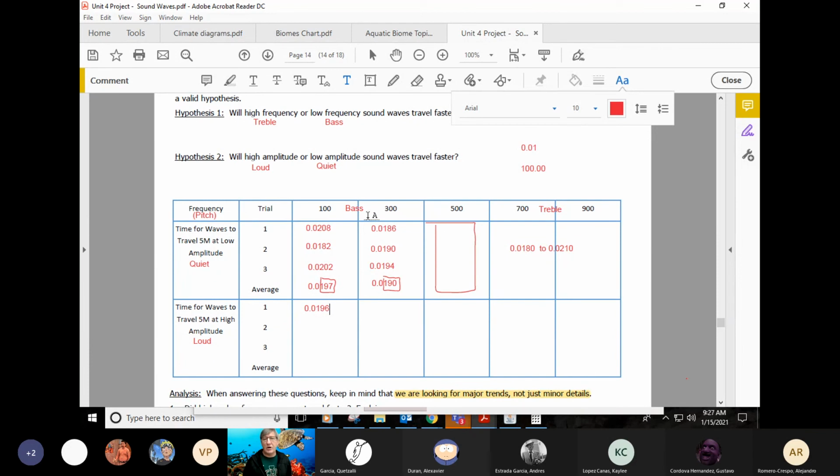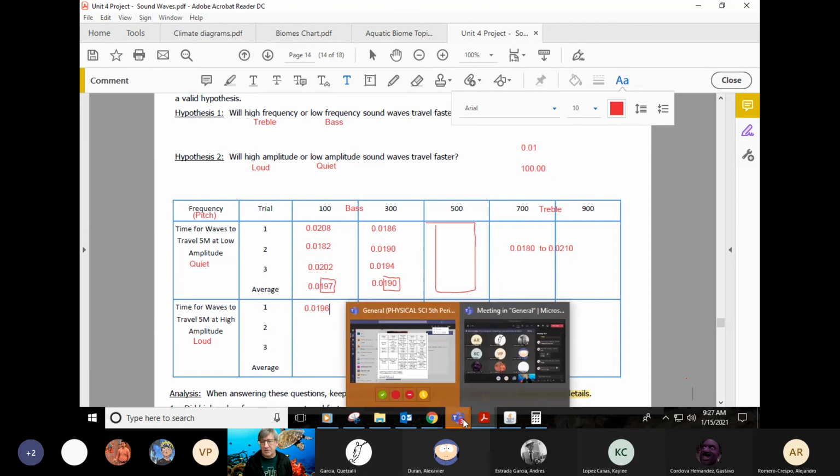I actually wrote down all of this data. I don't have this data actually, but I do have this data written down for the loud amplitude, for the high amplitude. So let me know if you need one of these numbers. I wrote it down on my board and I can give it to you if you missed something.